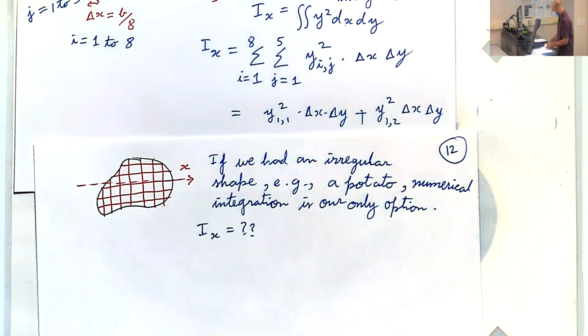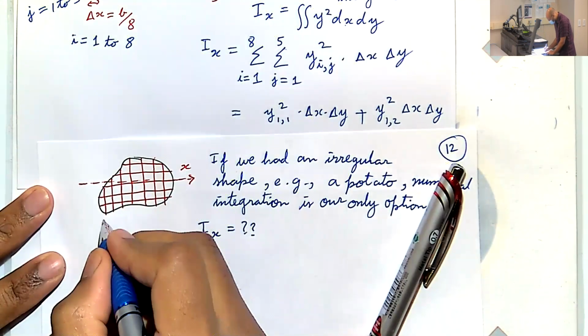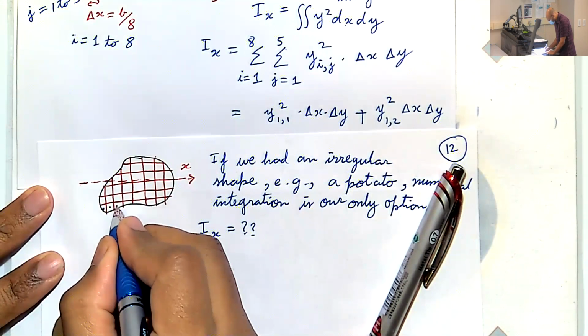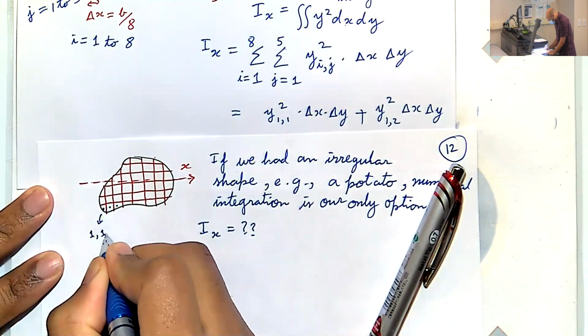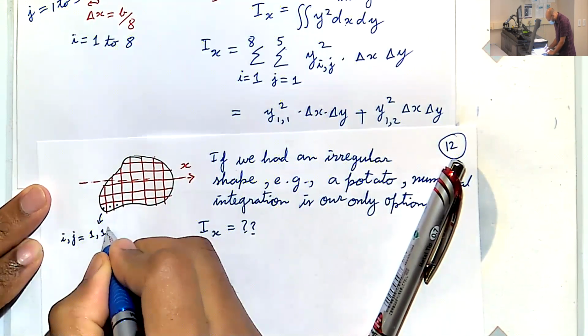Okay, and we do the same thing. We have i equal 1, 2, 3. So this is i, j equal to 1, 1.